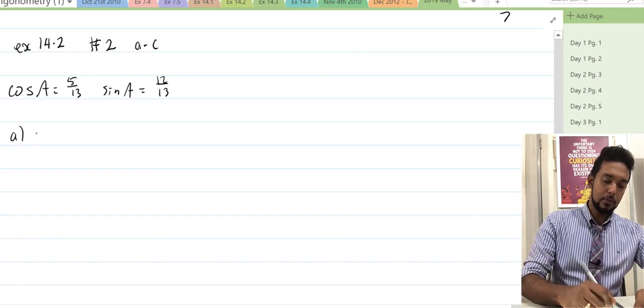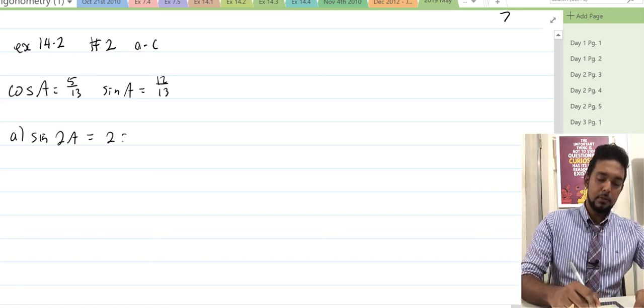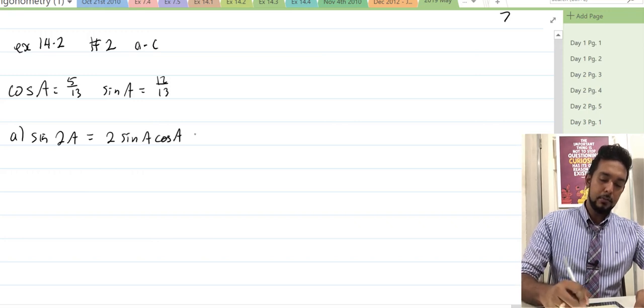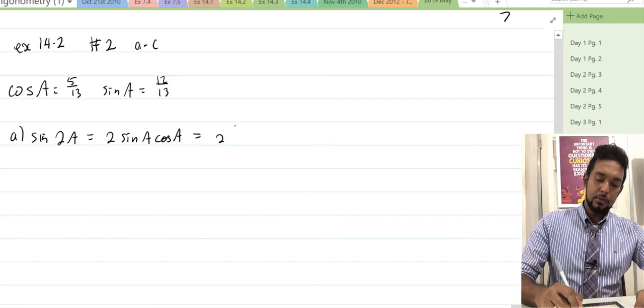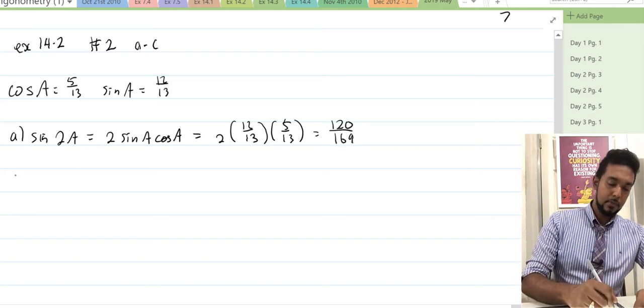Okay, so sine of 2A is equal to 2 by sine A cos A, which is equal to 2 multiplied by 12/13 by 5/13. 2 by 12 is 24, 24 by 5 is 120, and 13 by 13 is 169.